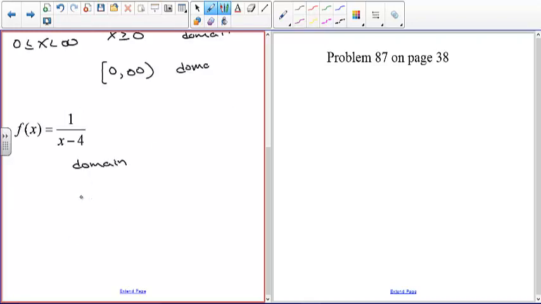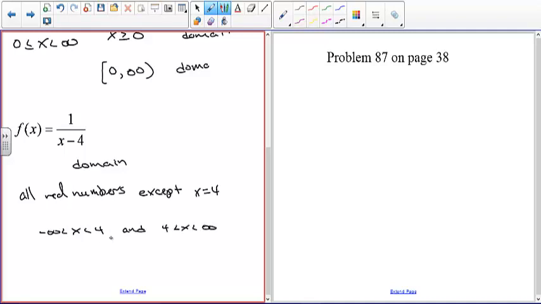One would be to say all real numbers except x equals 4, because that'll make the denominator go to 0. You could say from -infinity to 4, and from 4 to positive infinity. So I'm not including 4.